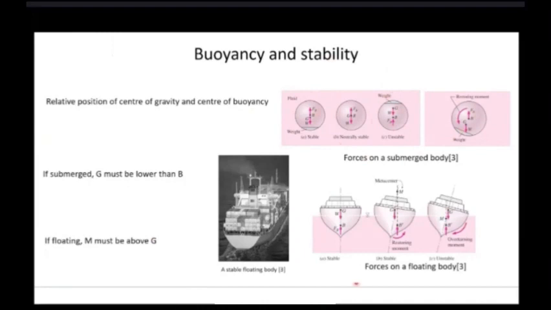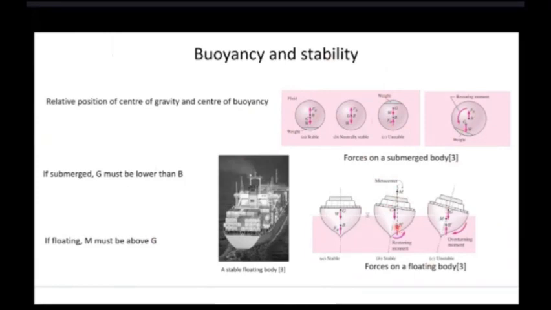Okay, let's now consider this second case. What happens now if our object is not fully immersed in that fluid? Well, here we need to define something else. We need to define M, our metacentre. And how is our metacentre defined?